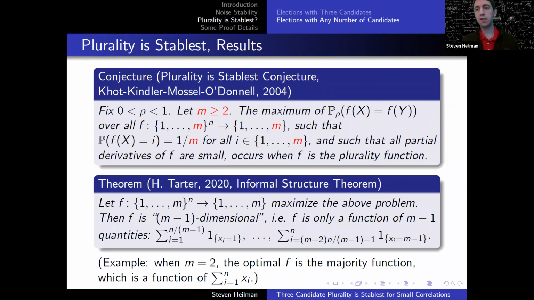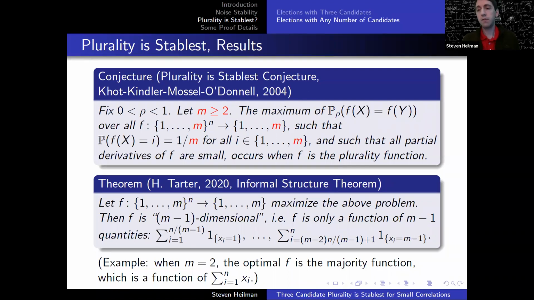So that's sort of a lot to comprehend. Just think of the case m equals 2. When m equals 2, this structure theorem says that whatever the most stable voting method is for 2 candidates, it's going to be a function of just the sum of the votes.